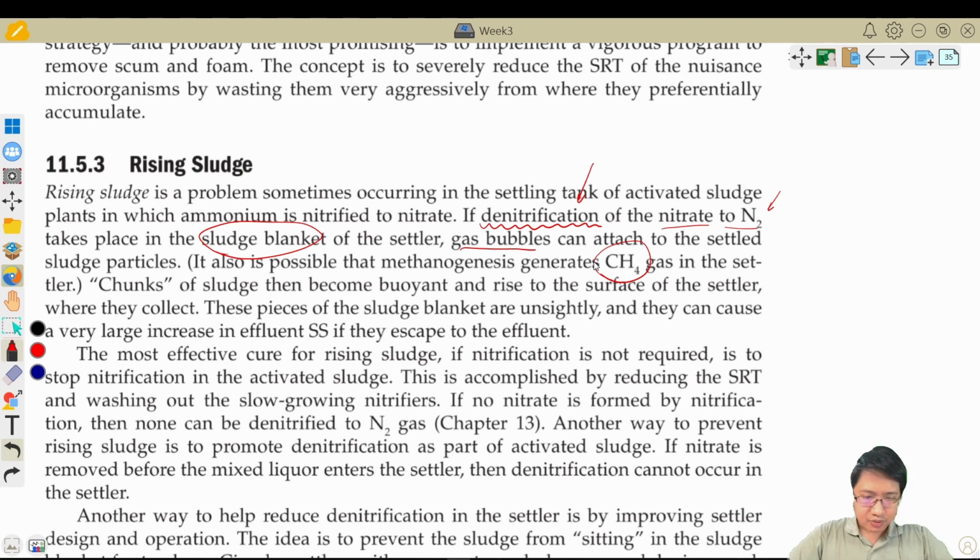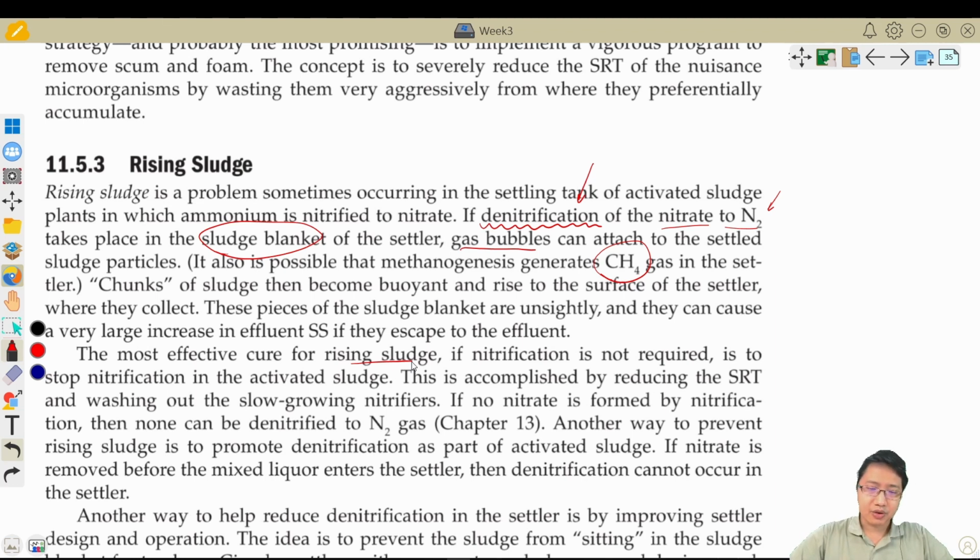Okay, so this kind of problem is called rising sludge. That's basically caused by gas bubbles that flow up in the system. The most effective cure for rising sludge, if you don't necessarily need the nitrogen removal process, is to remove it from your activated sludge process.